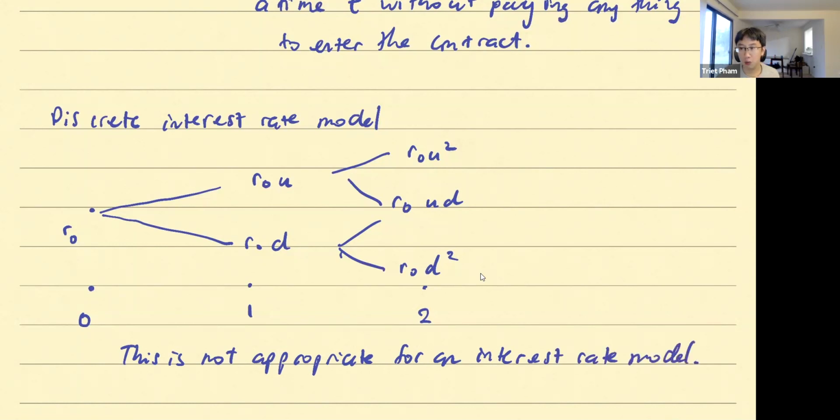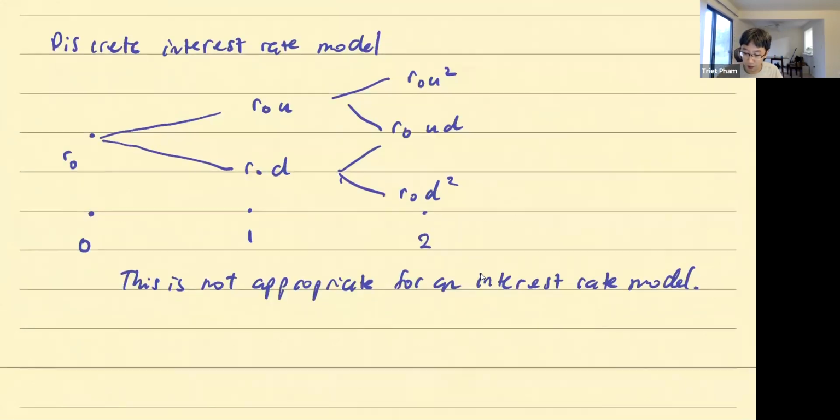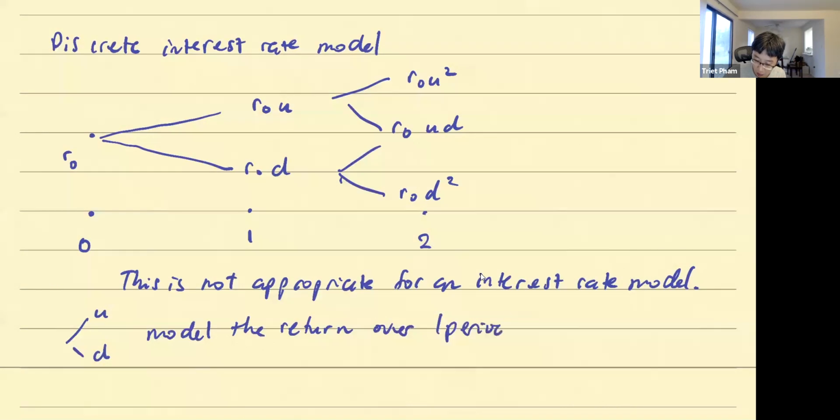Because basically the intuition does not apply, okay? So first, the U and D model the return over one period of a stock.